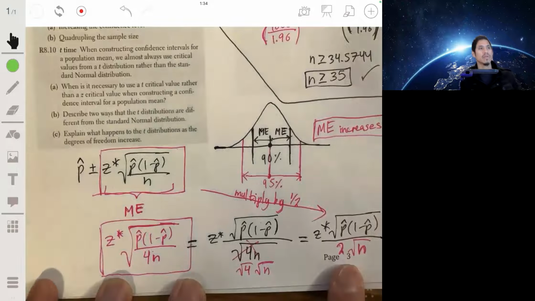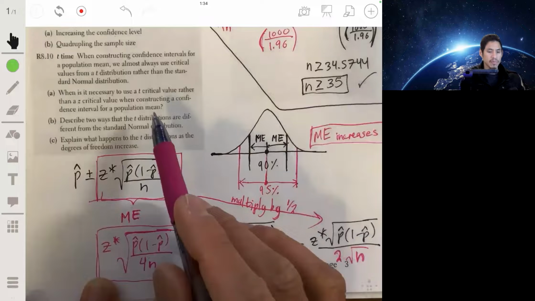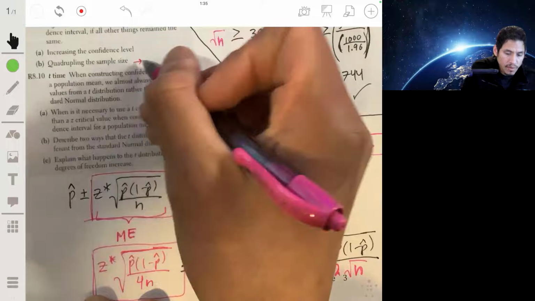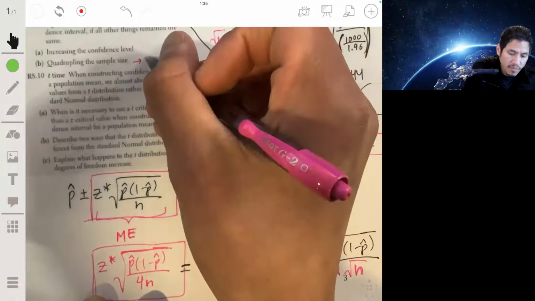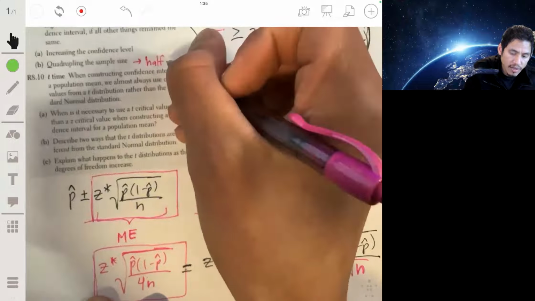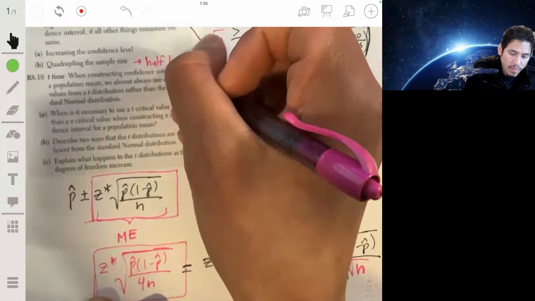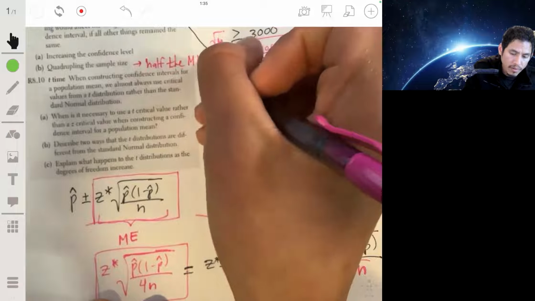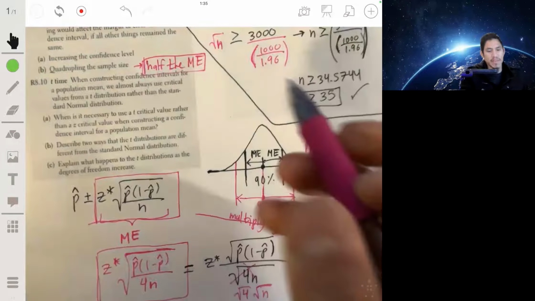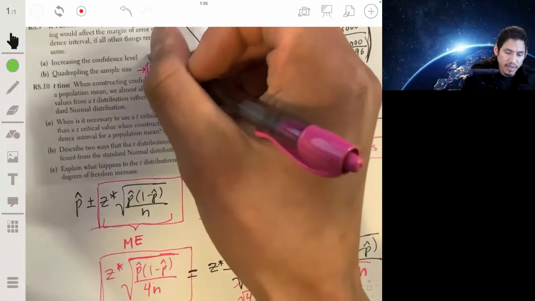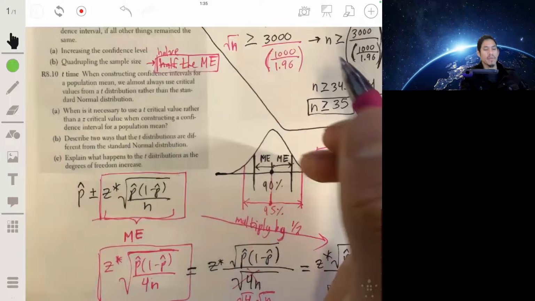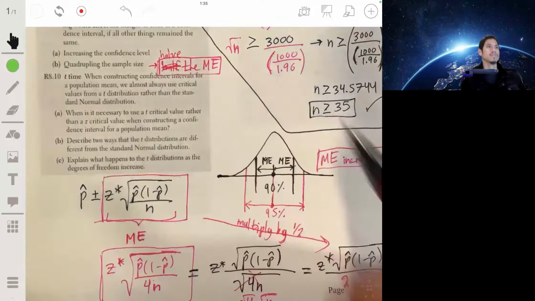So when you quadruple the sample size, you cut the margin of error in half, so you can say half the margin of error. Or you maybe think this is supposed to be halve, H-A-L-V-E, if you want to be grammatically correct. So you cut the margin of error in half.